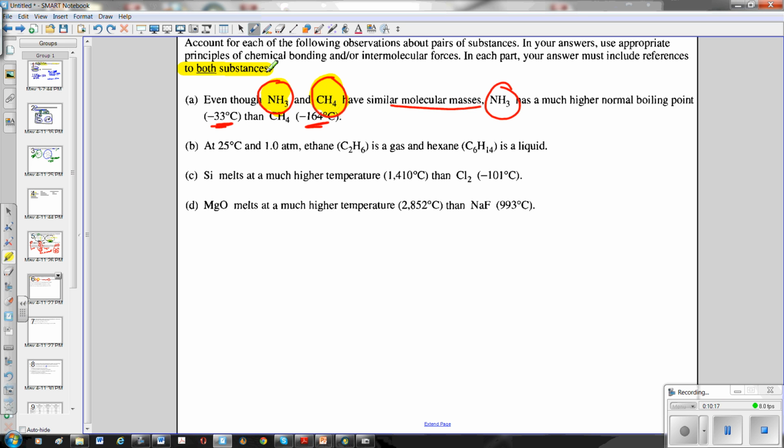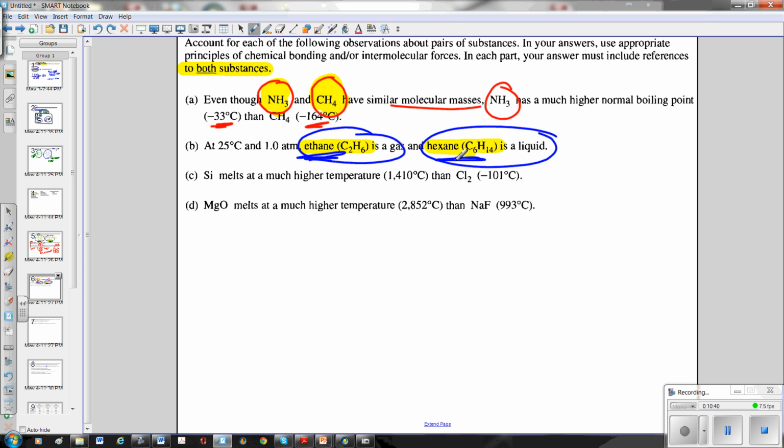Next thing they ask is ethane, C2H6, versus hexane. If you look here, ethane is a gas, hexane is a liquid. First, you have to talk about the forces. All they have, if it just contains carbon and hydrogen, is London. They both just have London forces. So ethane, you would state, has London.